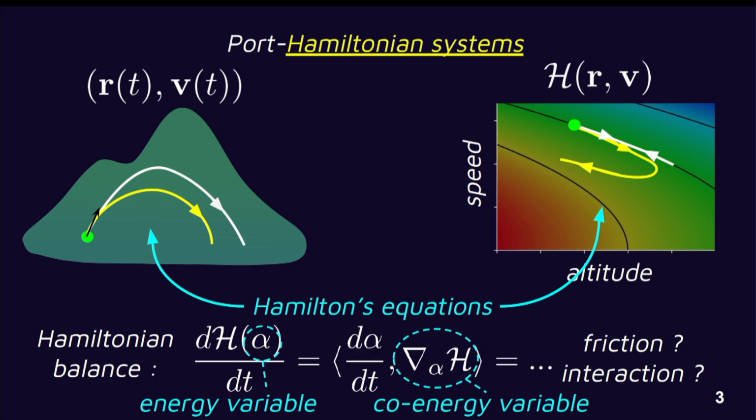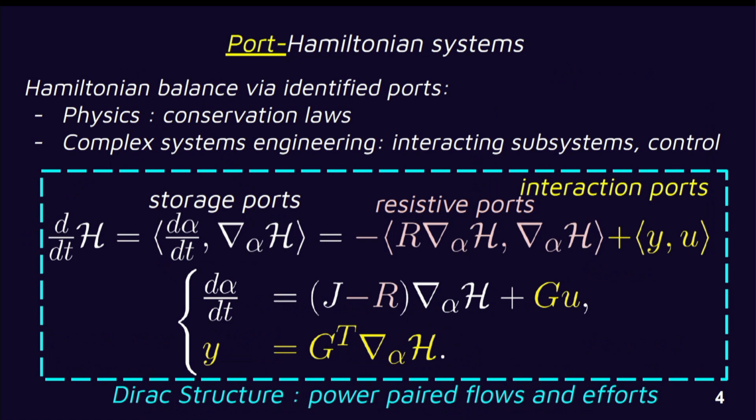And thanks to this, you can write the Hamiltonian balance, this is the bottom line, as the inner product between the variation of the state with time, which is a kind of generalized velocity, with the gradient of the Hamiltonian, which is a kind of force. But is there a proper way to describe this balance, to take into account friction, interaction? So this is the role of Dirac structures.